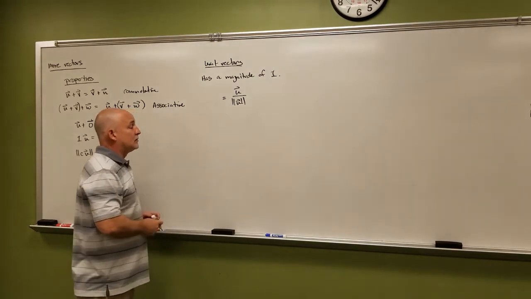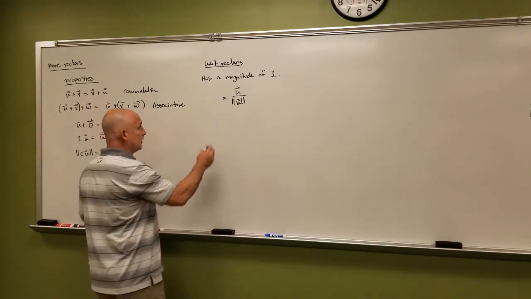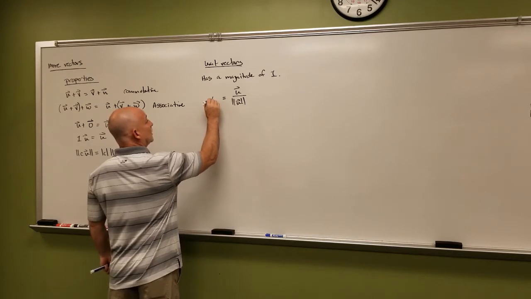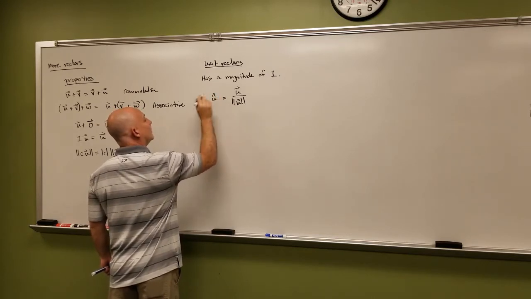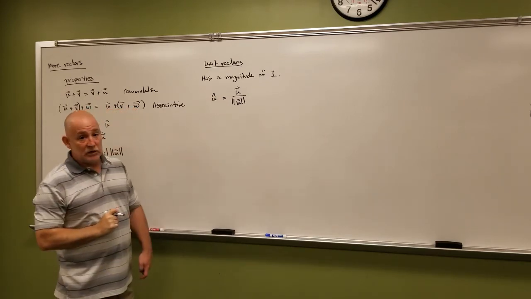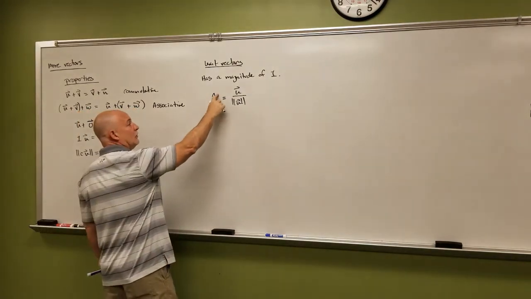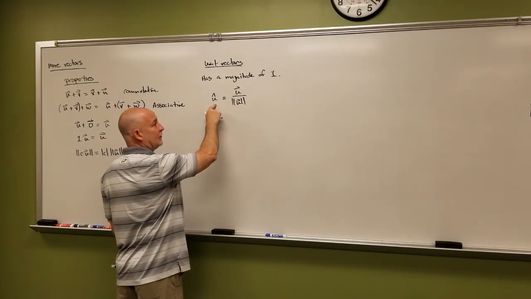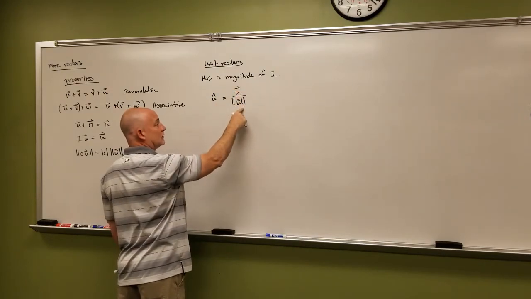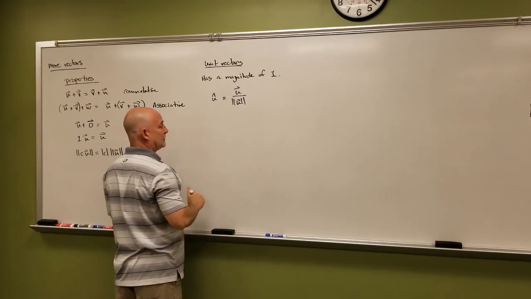And we need another notation here. Again, not always in your book. Anytime you see this little hat, little caret thing on top, that means the unit vector. So if you see a little hat on something, you're being told that that has a length of 1. So to make a vector a unit vector, all you got to do is divide by its magnitude.